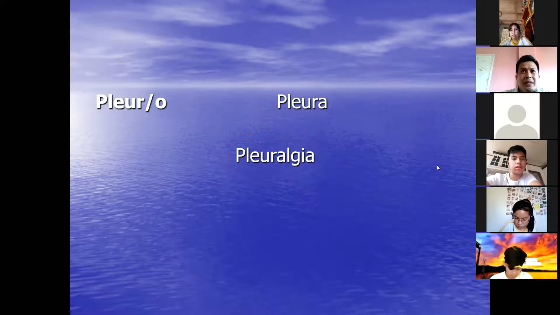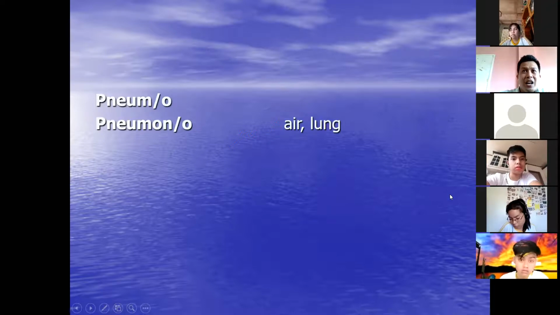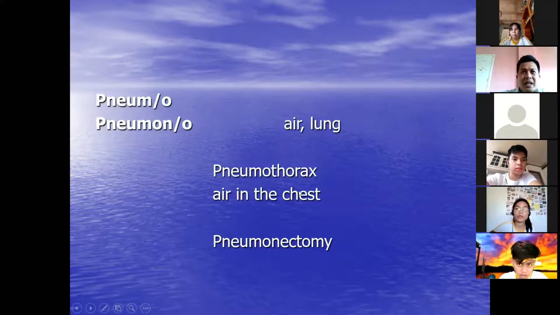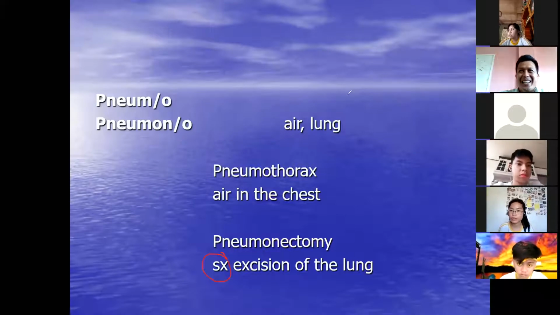Then we have here, what's next? Pneumo. Pneumo means air in the lungs or lung itself. And you have here pneumothorax, air in the chest. Pneumoectomy, the SX. What do you think is the meaning of SX?